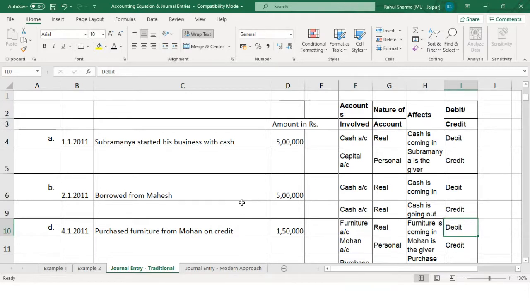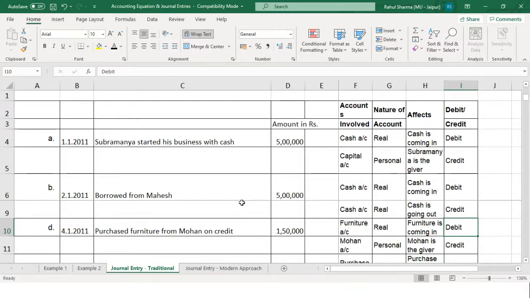What liability is there? I'm buying from Mohan on credit. If I'm buying from Mohan on credit, Mohan becomes my creditor, and that denotes a personal account because my creditor is Mohan, and Mohan is a person.